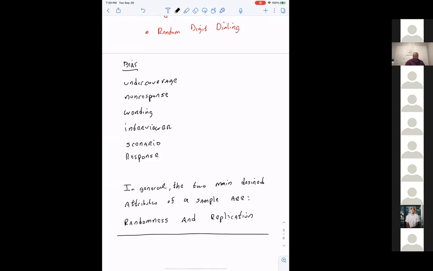Okay, you want it to be as random as possible so that there's no bias, and the more data you have, the better.